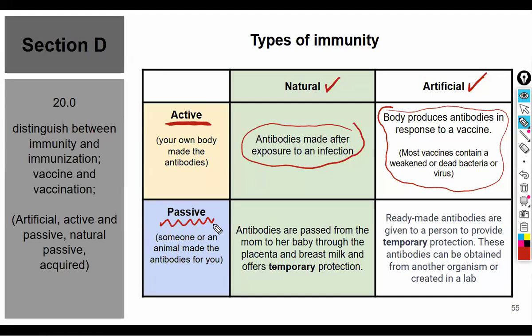The opposite of active is passive. Passive is when you don't make those antibodies. Remember, your white blood cells are supposed to make the antibodies. But passive is when your white blood cells don't make the antibodies. And one way of that is when children are born. Remember, the mother will have antibodies.